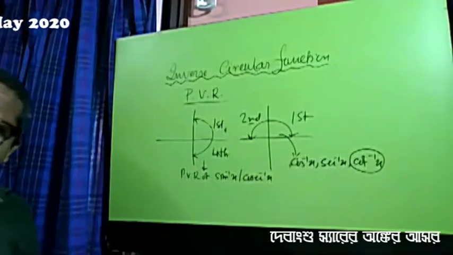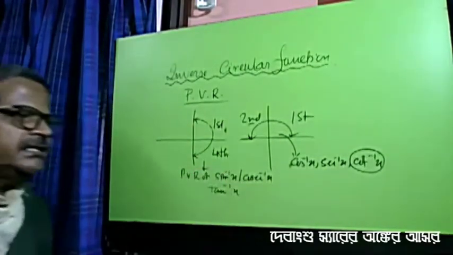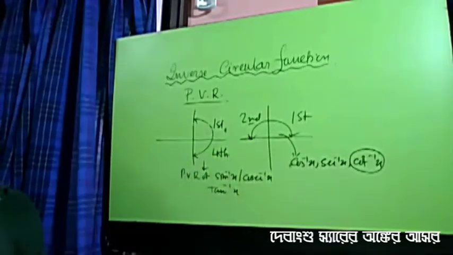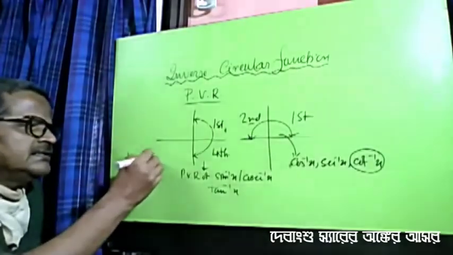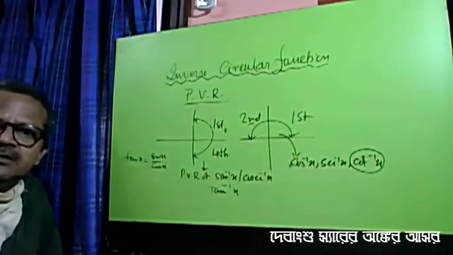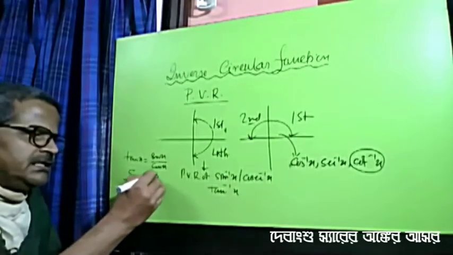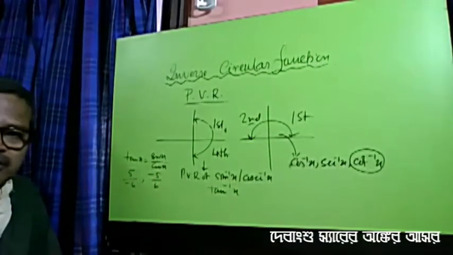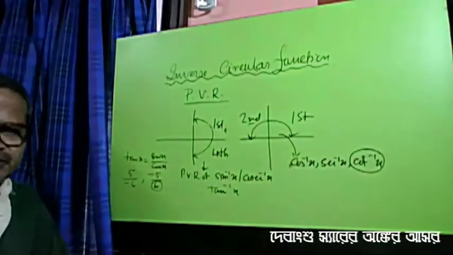Similarly, cosec inverse, same. But in case of tan inverse x, tan is negative in both the quadrants. So which quadrant will we consider? Now see, tan x is sin x by cos x. We never write 5 by minus 6. We write minus 5 by 6. So it is a custom, not a rule, to consider the denominator as positive.